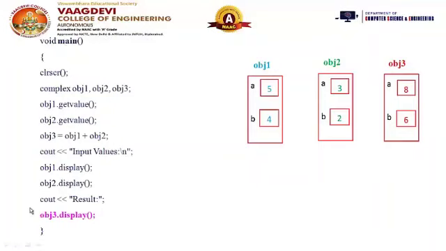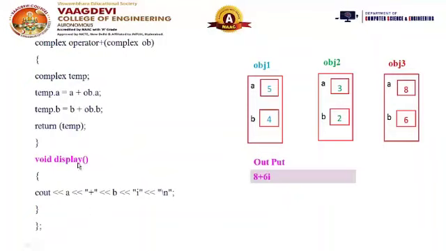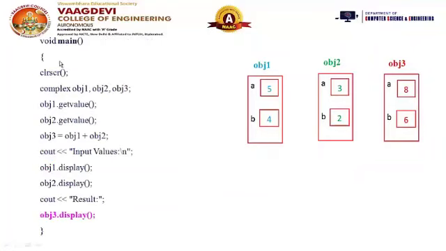And in the next statement, by using object 3, it calls the display function and again control goes to the display function and the cout object will print the value 8 plus 6i on the monitor. After executing this method, the control returns back to the main function and the main function is terminated.